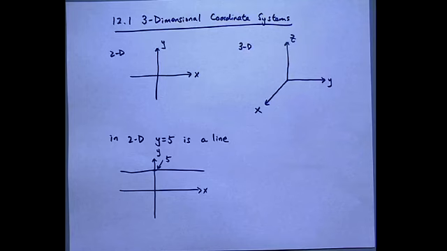And then everything above it, everything below it, and everything extending to positive infinity for x and negative infinity for x. Does that make sense? You take a line in two dimensions, you blow it up one more dimension, you get a plane. Okay?